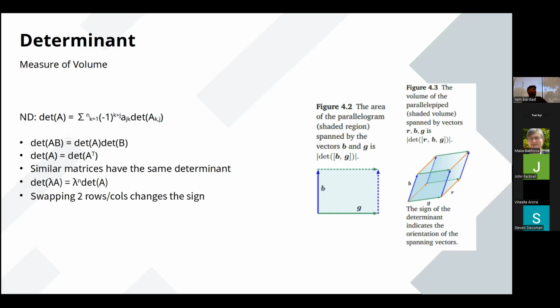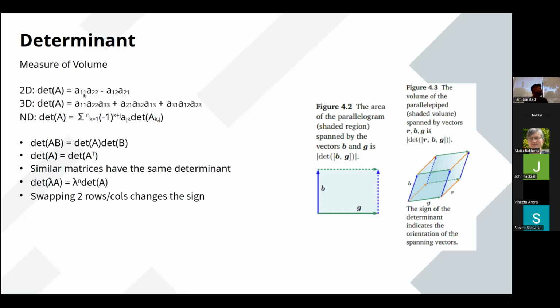But that kind of makes sense when you assume that you actually have to scale that volume n times, sort of like squaring or cubing, volume versus area. And then swapping two rows or columns changes the sign. Oh, there it is. Great.